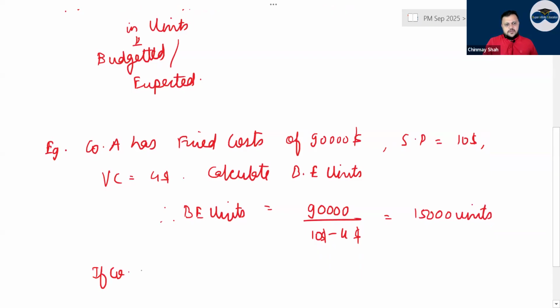Write down a follow-up question. If company is making 35,000 units. That is budgeted or expected quantity.